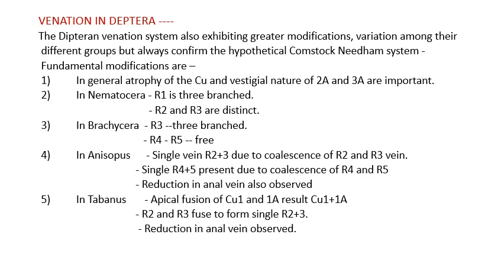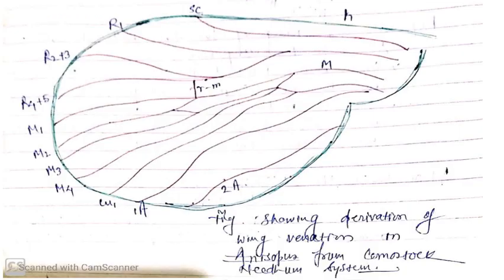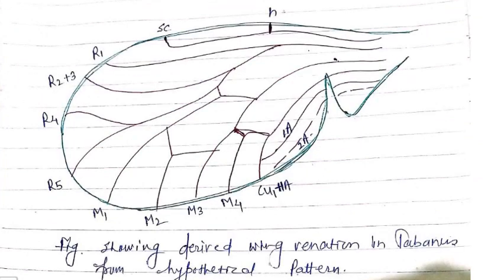So in Diptera again, a lot of variations have been reported. This is the basic diagram showing the venation system in Anisopus, and this diagram shows the variations from the basic Comstock and Needham arrangements. And this diagram shows the variations from the basic Comstock and Needham arrangements in the case of Tabanus.